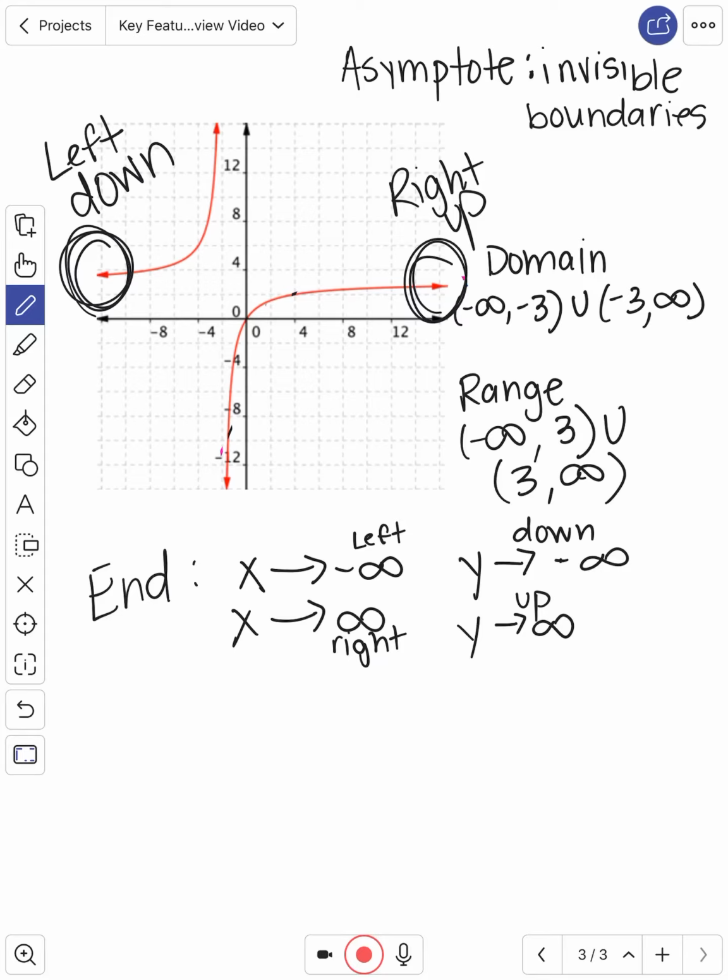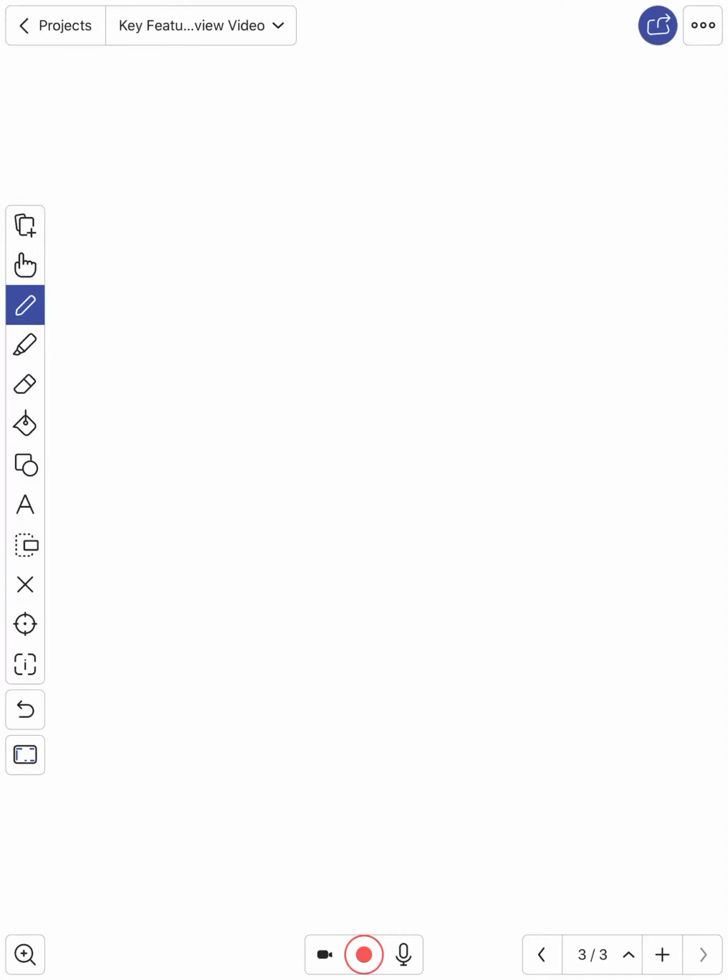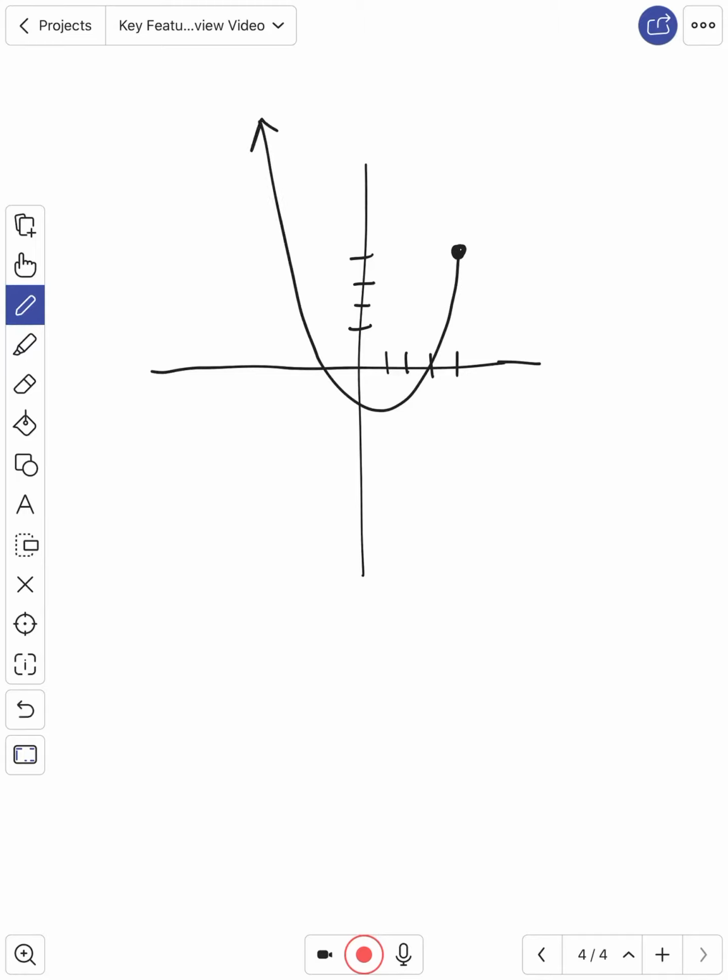The only other thing that I wanted to look at real quick is what happens if I have a point on my far end. Let's say I have my graph here, and let's say I have this quadratic here. But this quadratic, this parabola, has an ending value.